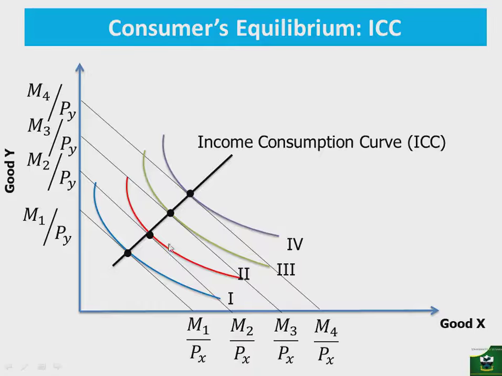So it means we are going to draw it somewhere here to show that Y has reduced, so Y level reduces, and further we'll have it somewhere here, and further we'll have it somewhere there. And if we draw a smooth curve joining these points, you will notice that the income consumption curve is moving downwards. So please take note, and in your drawings, make sure you consider the equilibrium points in coming up with the income consumption curve.